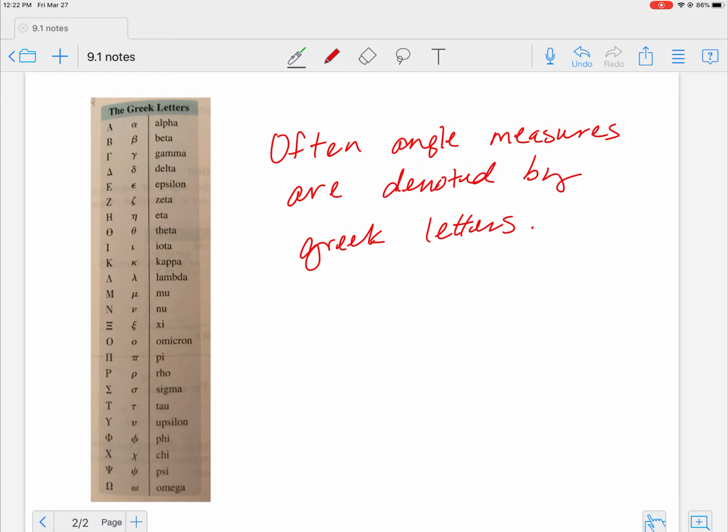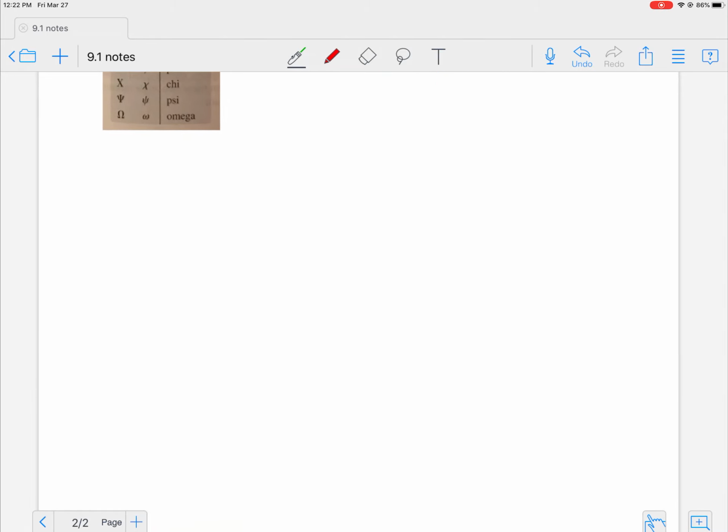We're going to use some of these, like omega, shortly, in order to do some angle measurements and some formulas that we're going to be working with. Theta is our most common one that we're going to be using, however. So the angle measurement goes with that. But this is just nice, to have this extra little reference guide.